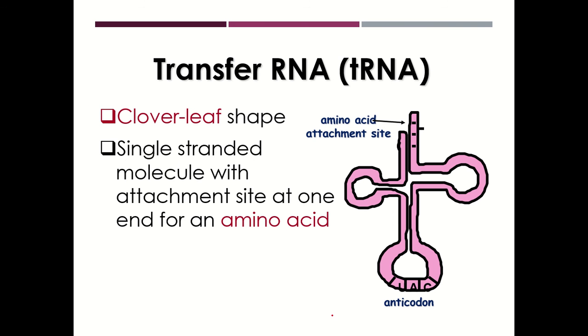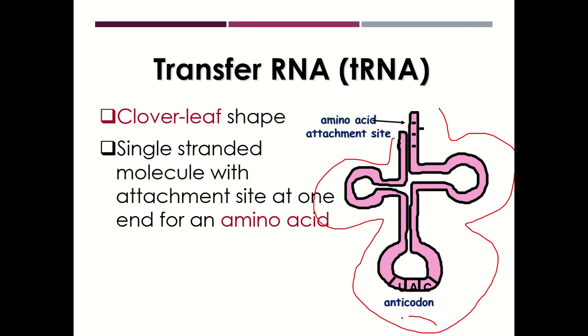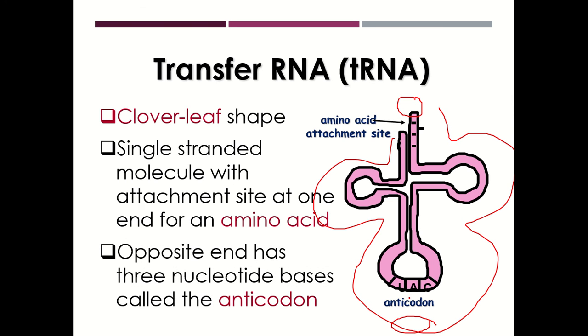So ito yung template. So mapapansin nyo, meron tayong codon dito, tapos meron tayong template na may dala siyang amino acid. Okay, tapos ito yung anticodon. So opposite end has 3 nucleotide bases called the anticodon. So meaning kung anticodon, siya yung magte-template kay codon.